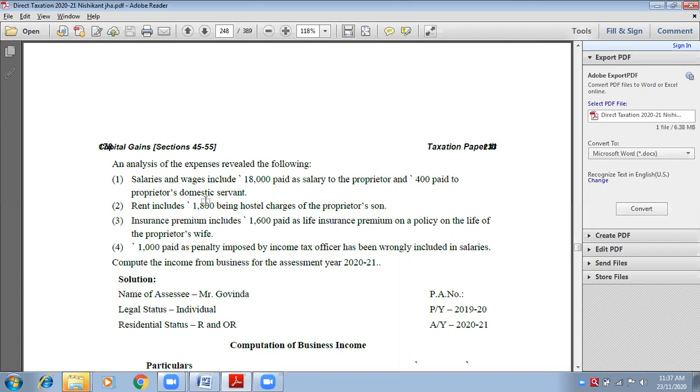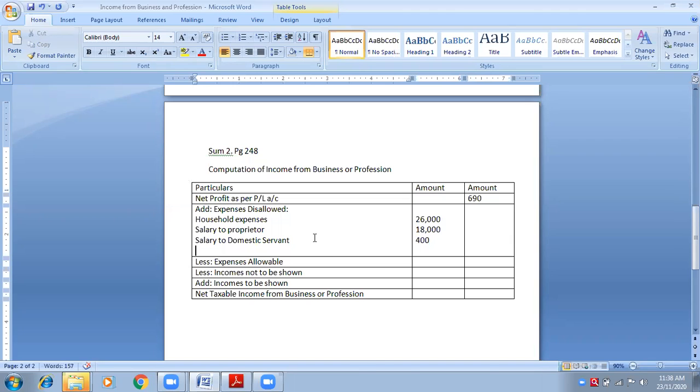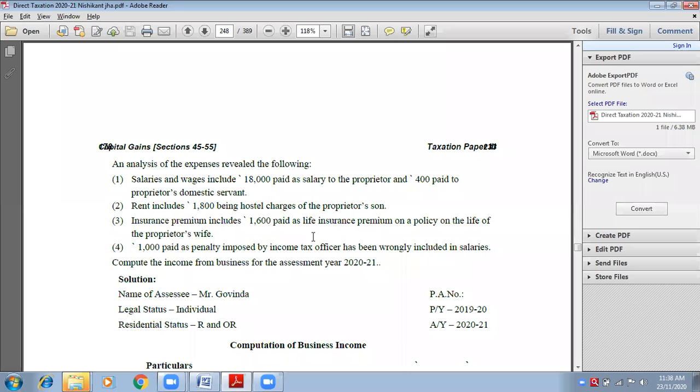So we will write salary to domestic servant. Can you tell me the amount? 400. Very good. This is how you have to write. See how simple it is. Simple to understand. Next adjustment.